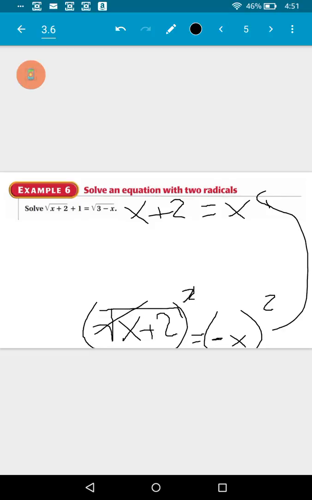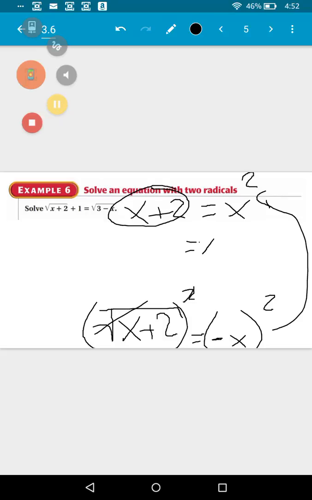So here I have negative x times negative x. Negative x times negative x is positive x squared. So here this is a regular quadratic, okay? I need to get these terms with my x to the second power.